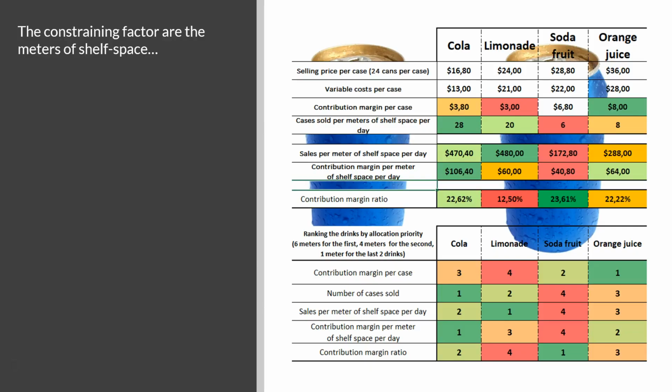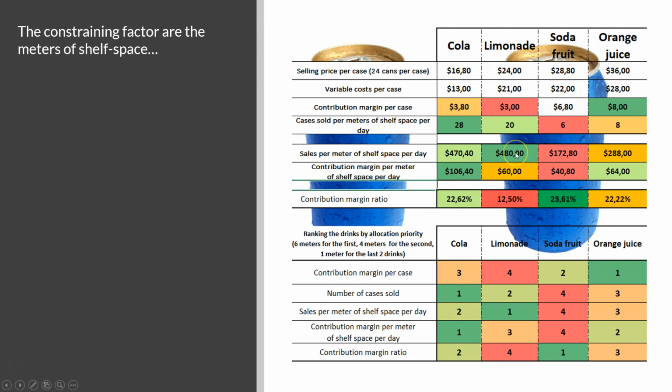This idea, we are going to see it more in detail in that slide, which is here. If we consider the sales per meter of shelf space, which are calculated here, which are the price of a case, which is 24 cans, times the number of cases sold for 1 meter of shelf space, we get the following numbers.